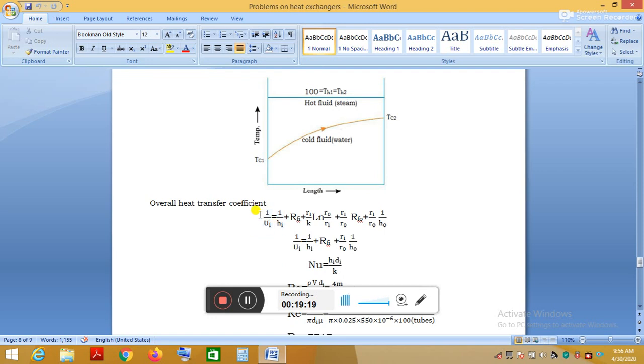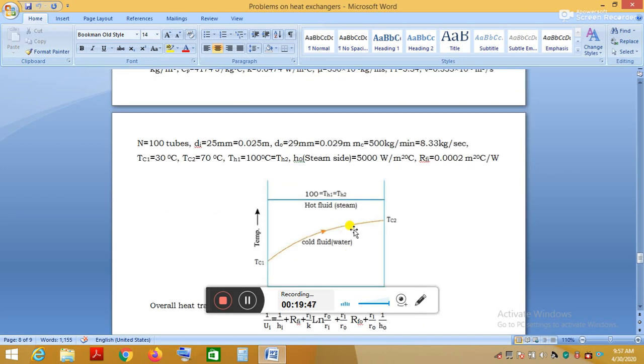Therefore, consider the equation 1/Ui equals 1/hi plus rfi plus ri/k into ln(r naught/ri) plus ri/r naught into rfo plus ri/r naught into 1/h naught. H naught value is already given in the problem itself directly. Therefore, we need to consider this equation.